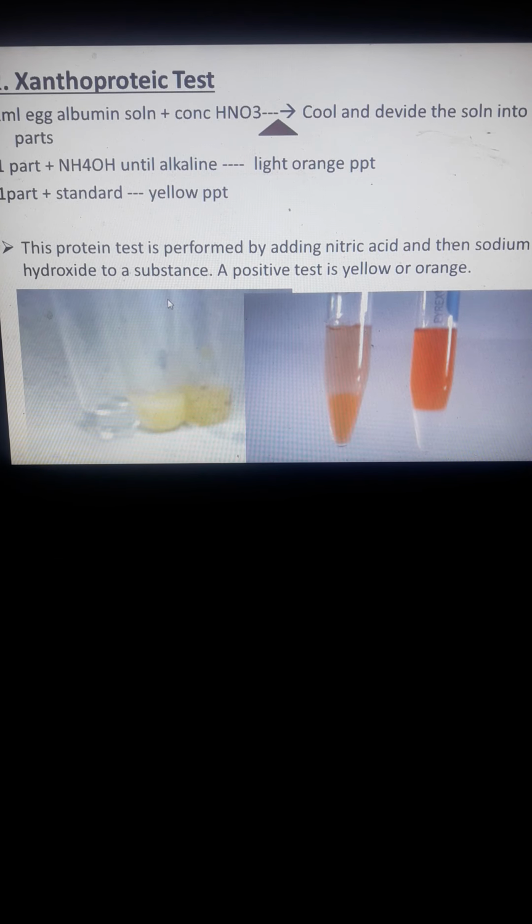The protein test is performed by adding nitric acid then sodium hydroxide to a substance; a positive result is yellow or orange, so positive for amino acids. For example, tyrosine plus nitric acid forms nitrotyrosine, yellow color, or tryptophan plus nitric acid is orange, nitrotryptophan, plus phenylalanine same as nitrophenylalanine, having yellow or orange color. That indicates the presence of these amino acids during the xanthoproteic reactions.